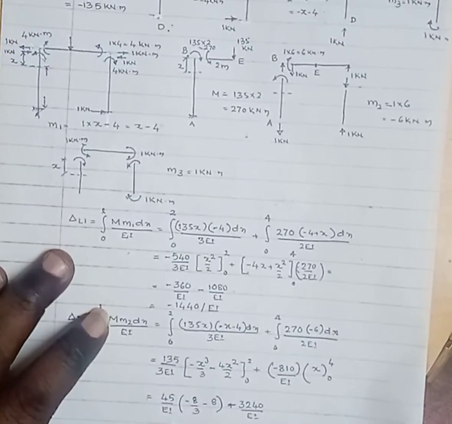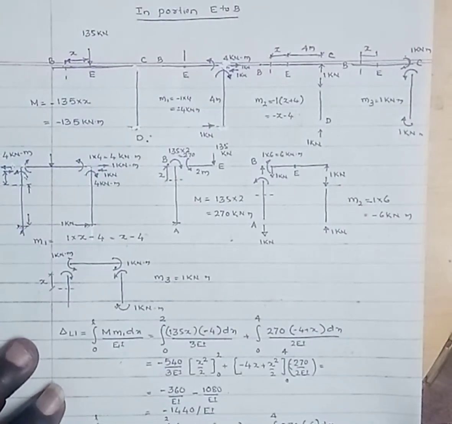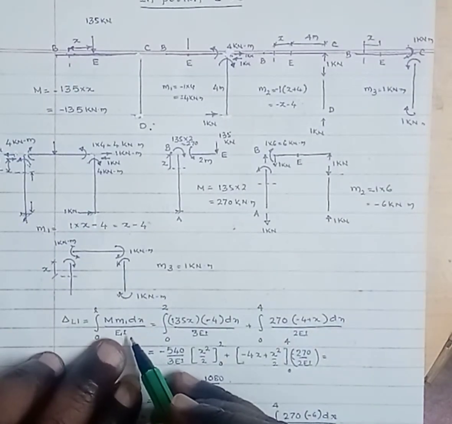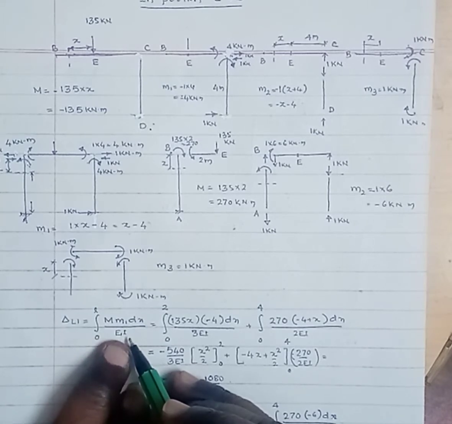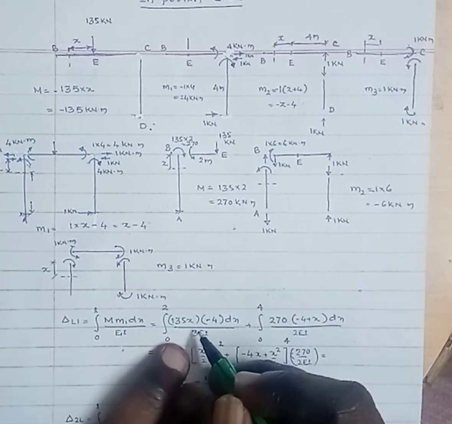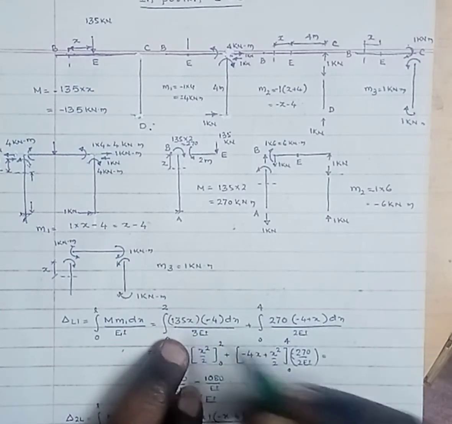That one is given by the integral of m into m1 dx divided by EI. That is, m is the bending moment due to the applied loads, m1 is the bending moment due to the unit load applied in the direction of the coordinate 1. Then by using that we can get the displacement.